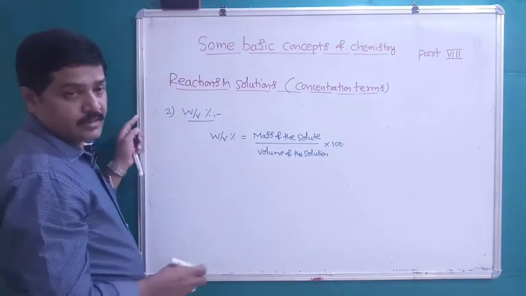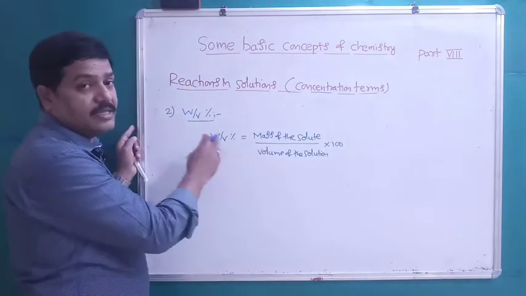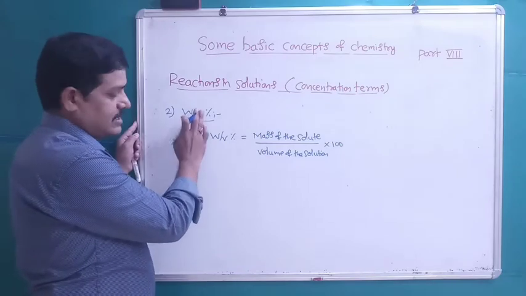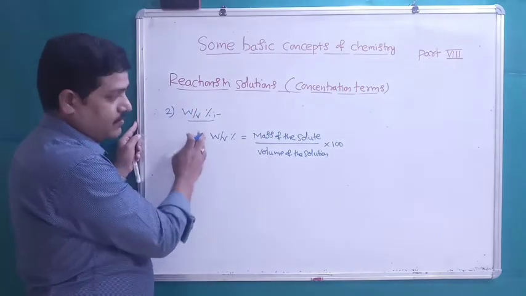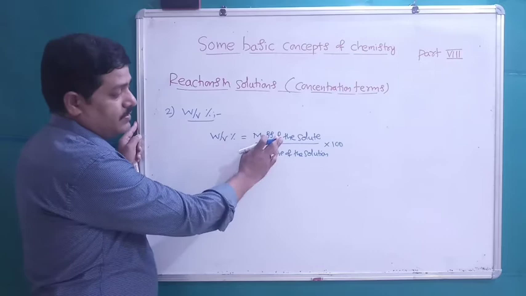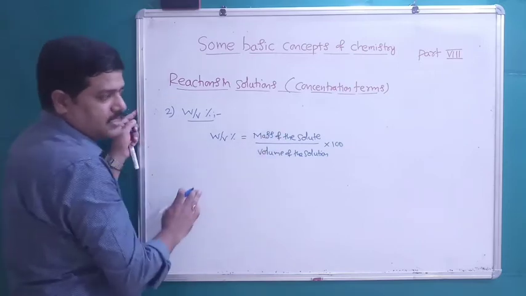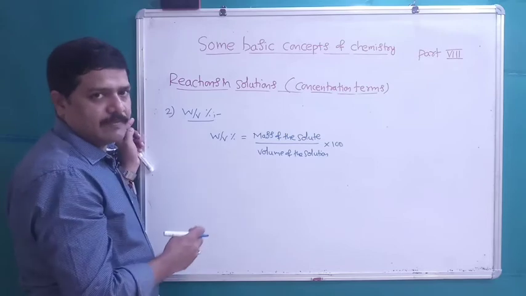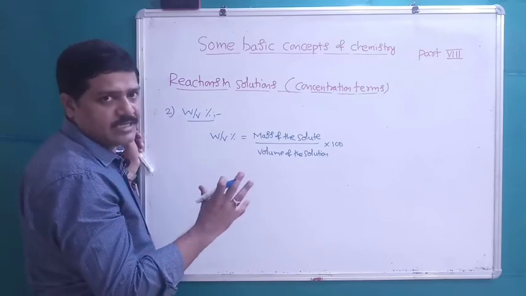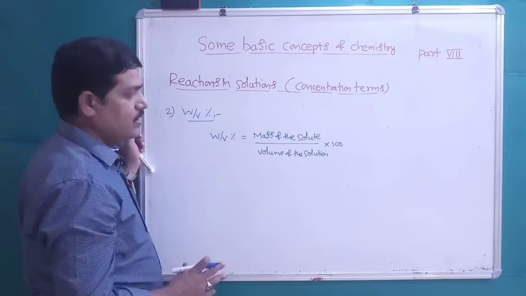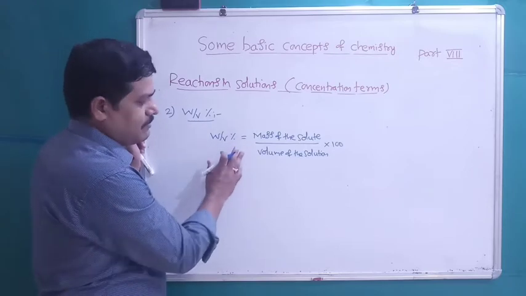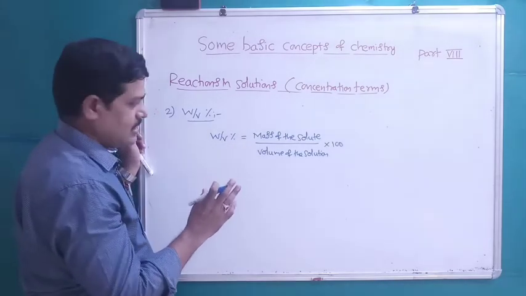Students, here the volume term is present in this concentration term, that is weight by volume. So it will depend on the temperature, because even for liquids, if there is a change in temperature, there is a change in the volume. So that's why this will depend on the temperature, right?